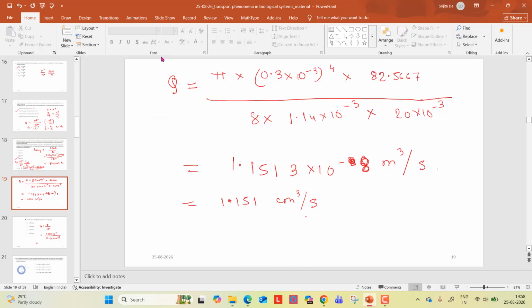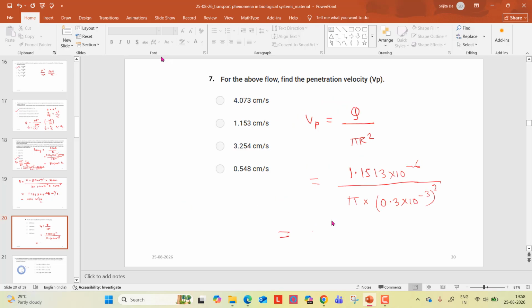But I think this will be the closest answer, as there is some unit mismatch here. Okay, this is the actual one, and if you write this 8, it will be now coming as 4.0739 into 10 to the power minus 2 meter per second.